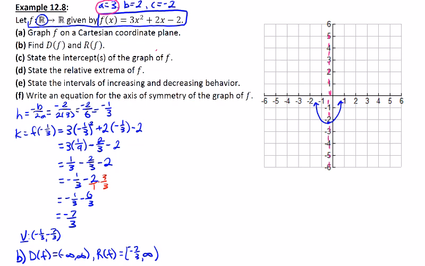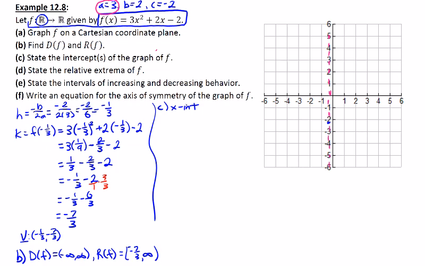Now let's look at part C. This is where we're going to get some nice help here for the graph. So I'm going to go ahead and erase what I have here for the graph. Just leave the vertex there. We'll come back to it. Probably the most involved calculation here is going to be the x-intercept calculation, but it's also possibly the most useful calculation that we can do.